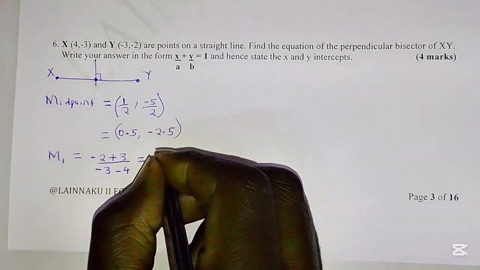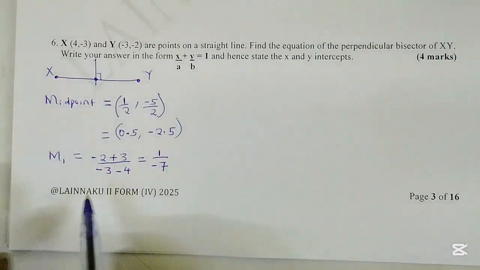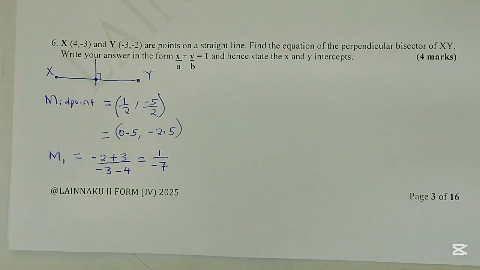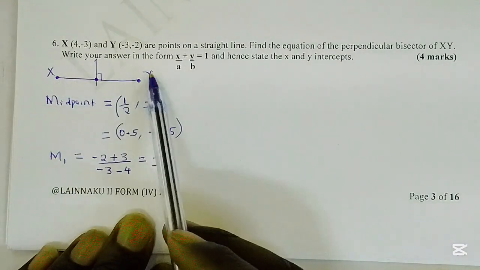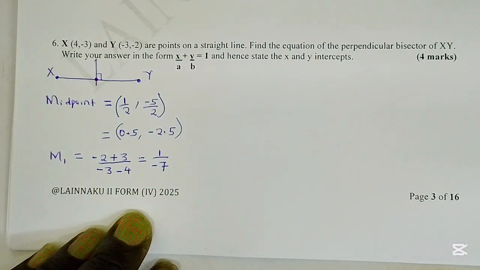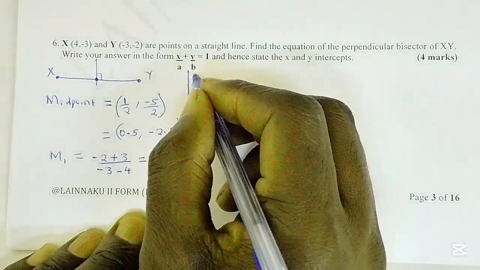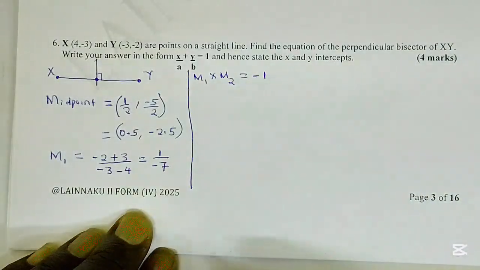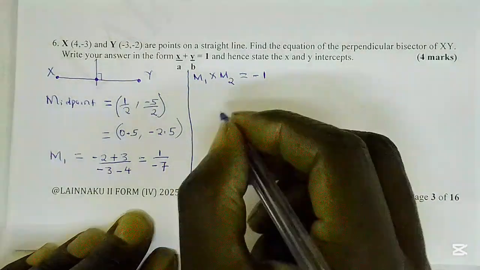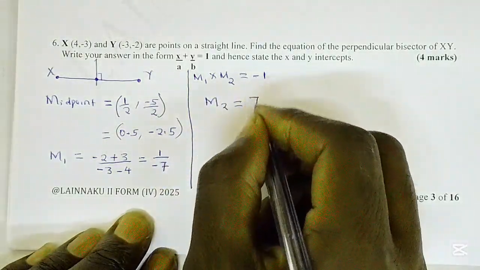So you end up with 1 over negative 7. So the gradient of line 1 is going to be 1 over negative 7. Now, since this line XY is perpendicular to this, we can use the concept of perpendicular lines. It means that m1 multiplied by m2 should give us negative 1. So, if m1 is 1 over negative 7, then m2 is going to be 7.